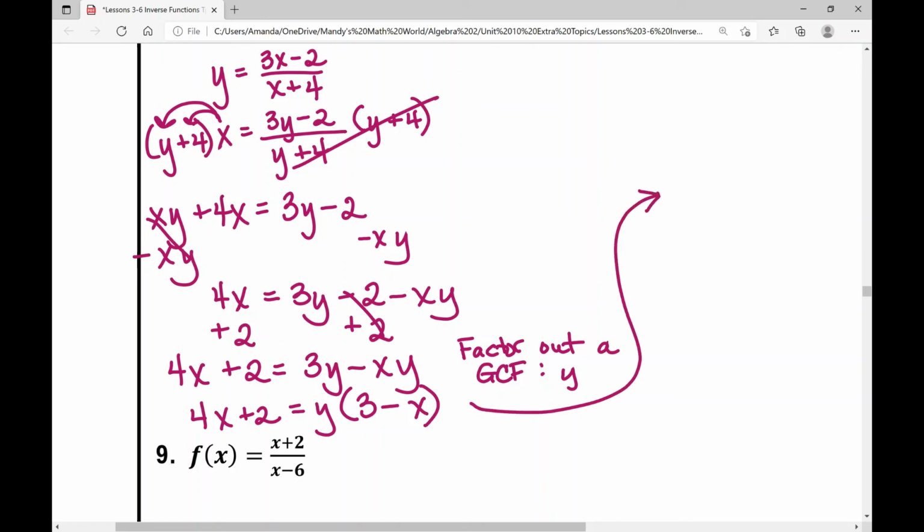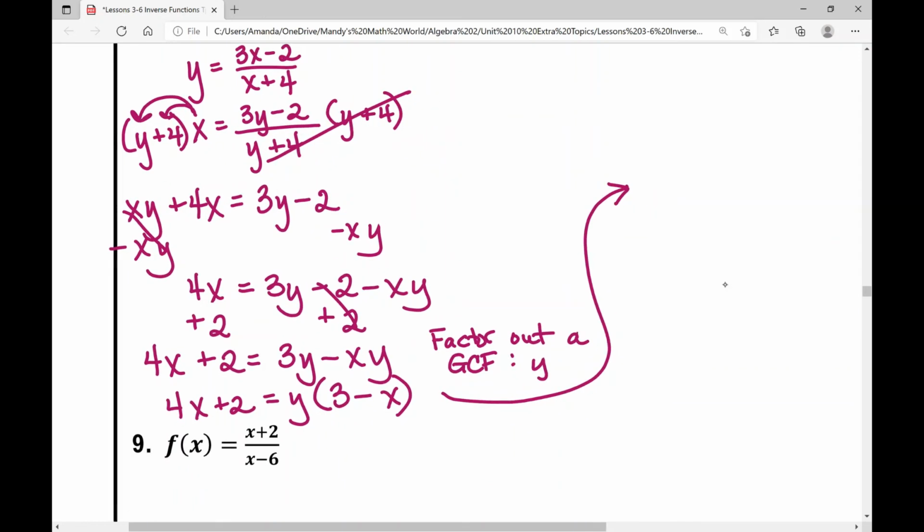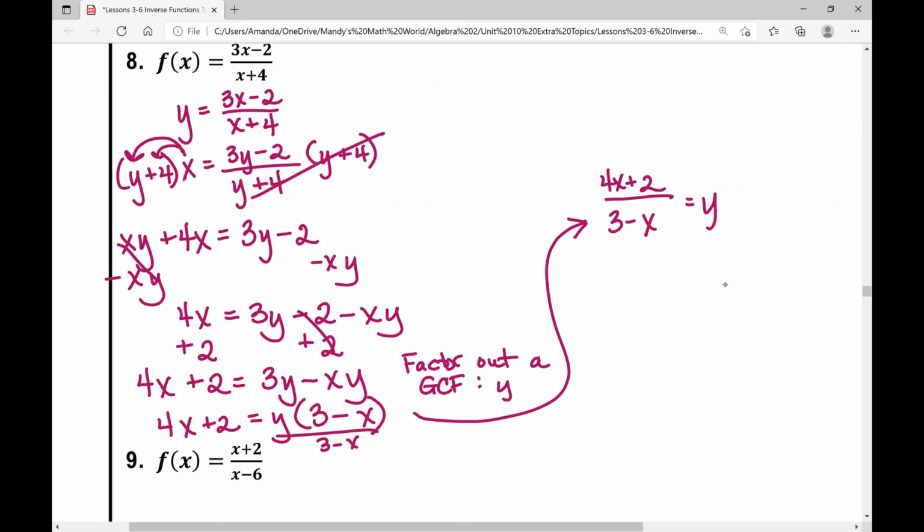And I'm going to keep going, and I'm going to write it over here. So now to get y all by itself, I'm going to divide both sides by 3 minus x. So I get 4x plus 2 divided by 3 minus x equals y. If I write this in function notation, I get f inverse of x equals 4x plus 2 over 3 minus x. Let's move on to our next example.